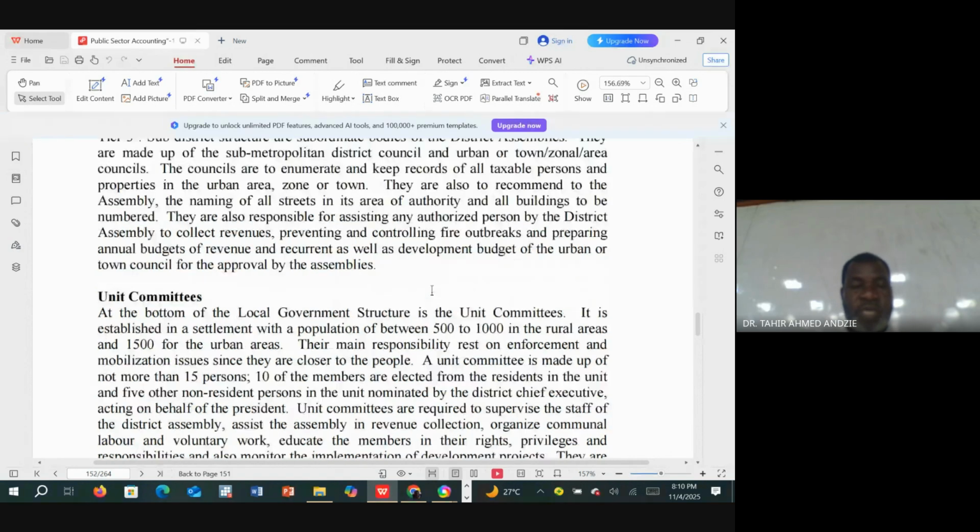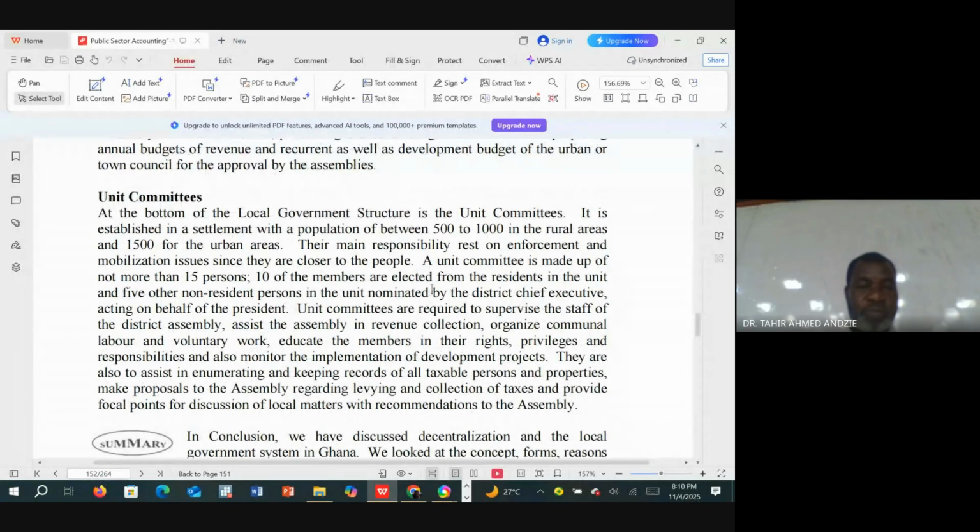Then we have the unit committee. At the bottom of the local government structure are the unit committees. It is established in a settlement with a population of between 500 and 1,000. So those are local committees. They are responsible for administering the assemblies' policies in the various communities, right?